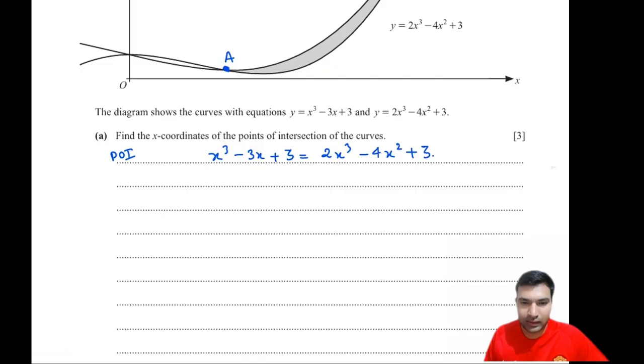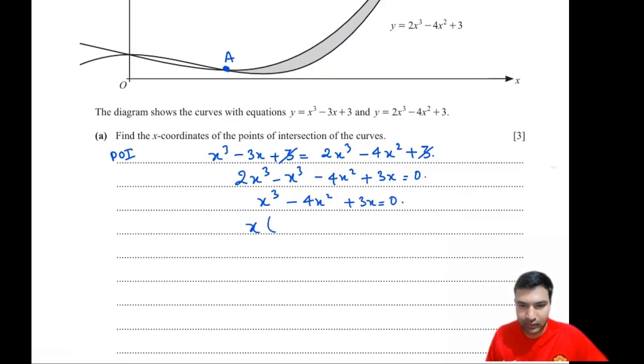All right, so taking the like terms to one side, 2x cubed minus x cubed, minus 4x squared, and 3 and 3 cancel out, and then we have plus 3x equal to 0. So we finally get x cubed minus 4x squared plus 3x equal to 0. I can take x common, so we'll get x squared minus 4x plus 3 equal to 0.